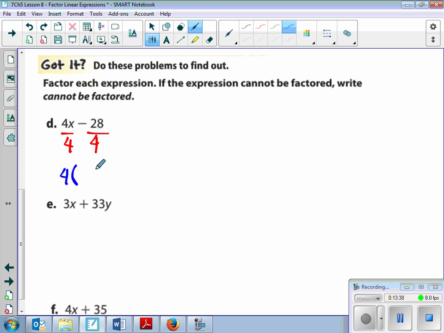So 4x divided by 4 is 1x, or just x, minus 28, so negative 28 divided by 4 is negative 7. So that's x minus 7. So 4 times the quantity x minus 7 is the factored form of 4x minus 28.